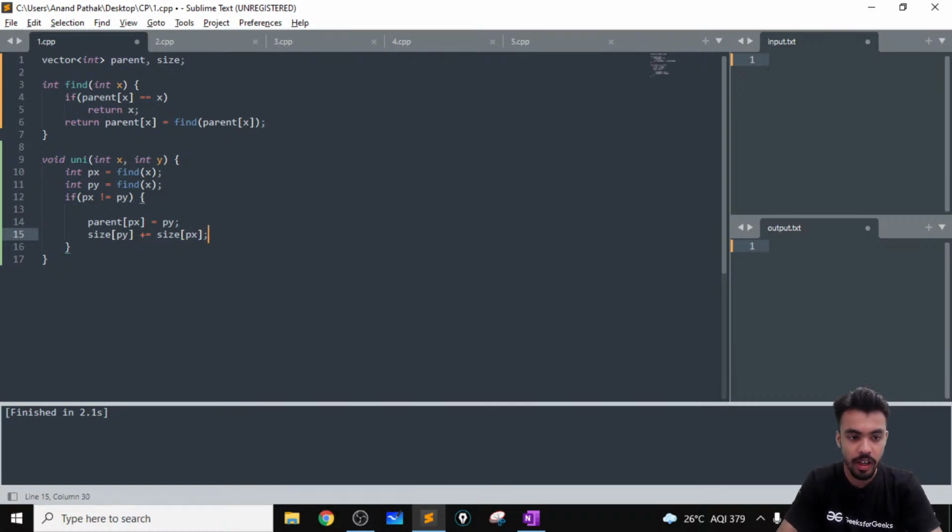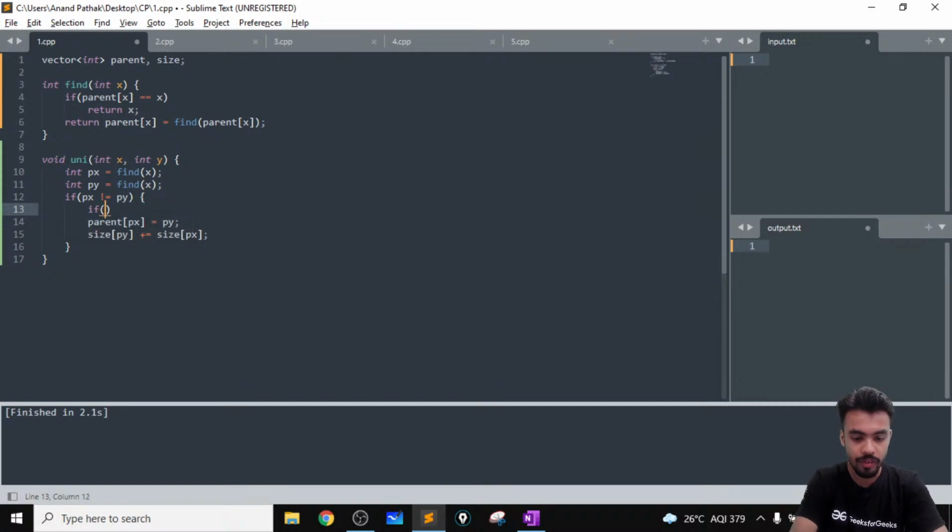Okay, and then we always have to ensure that px is the smaller size and py is the greater size, because we always make the representative of the group of smaller size the child, and the representative of the group of the larger size the parent. Okay, so how are we going to ensure that? By using an if condition.